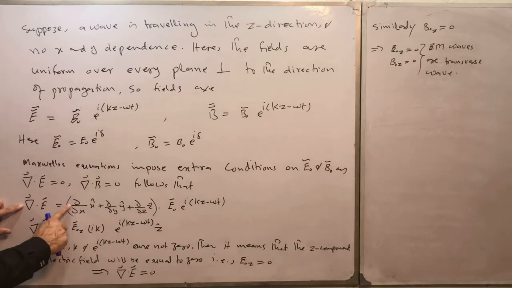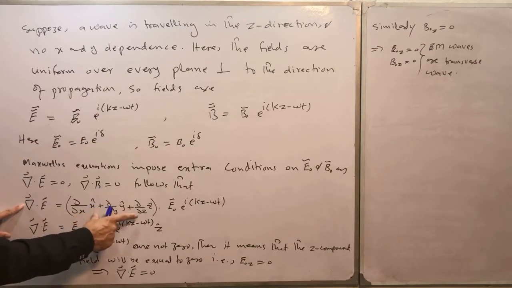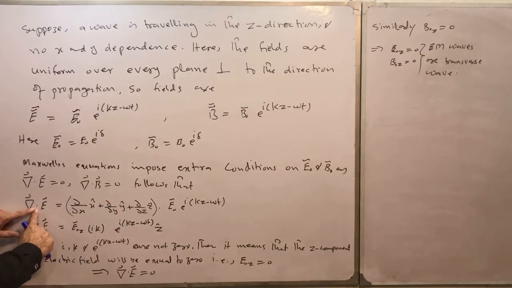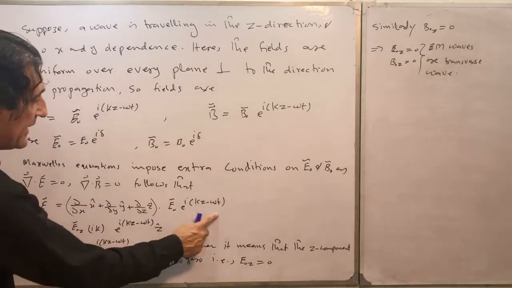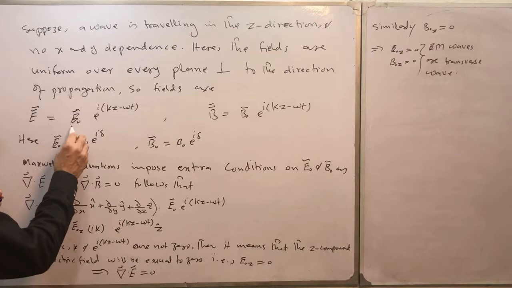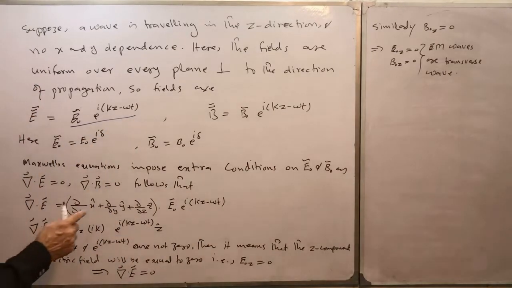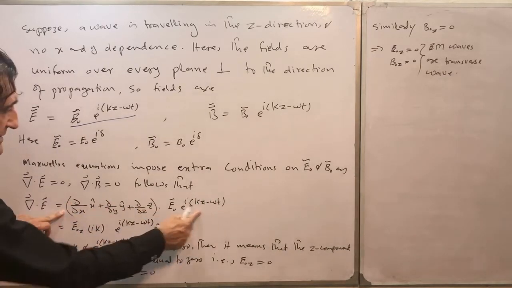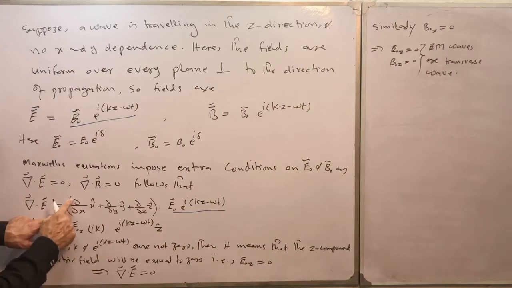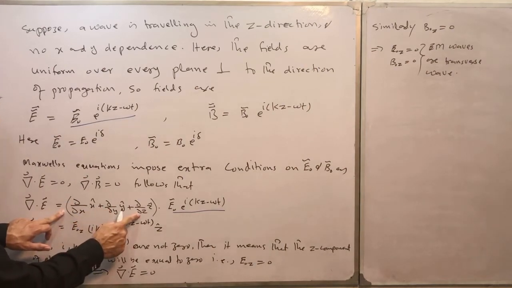We know the divergence: partial derivative with respect to x, x component, partial derivative with respect to y, y component. This is the dot product, and this is the electric field. Now we must multiply this term with the partial derivatives.